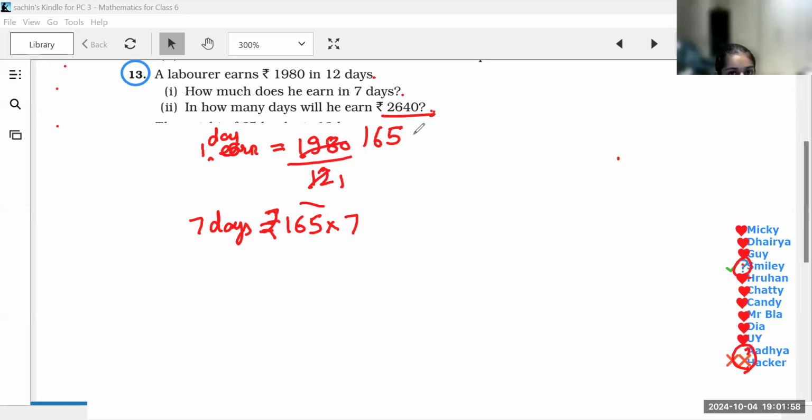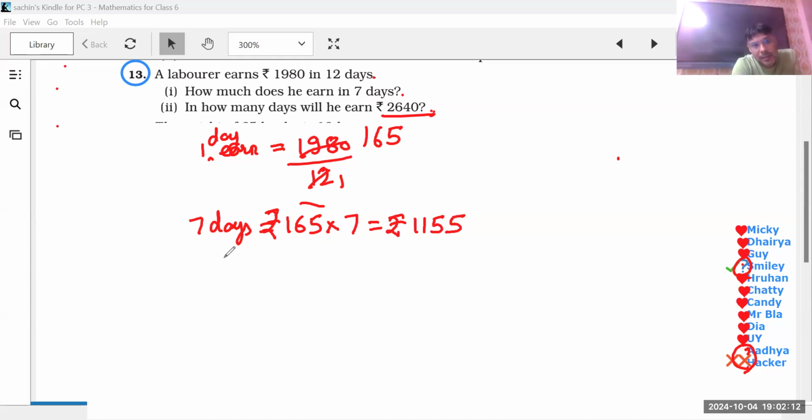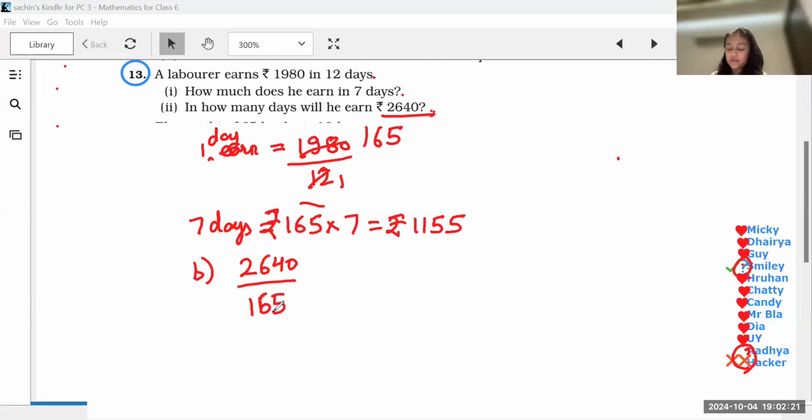So we will divide 2640 by 165. Smiley, is it clear that for the B part, we will divide 2640 by 165? Yes, sir. So then what would be the final answer? Final answer will be 16.